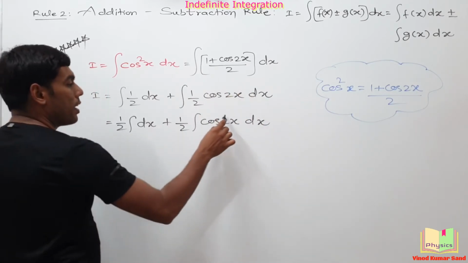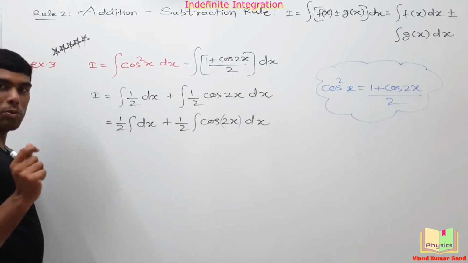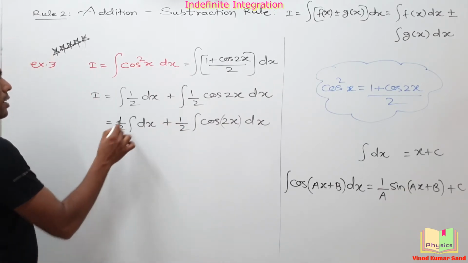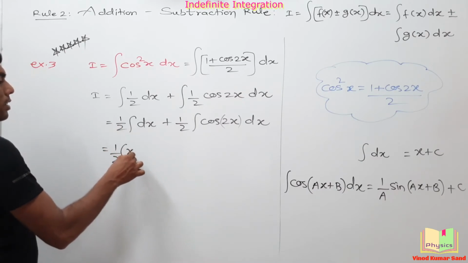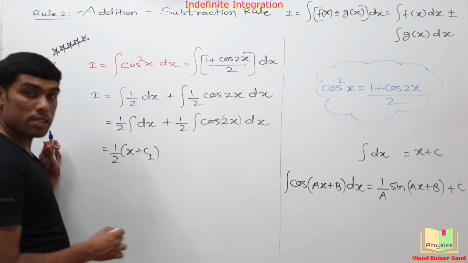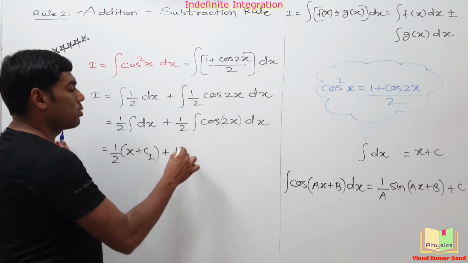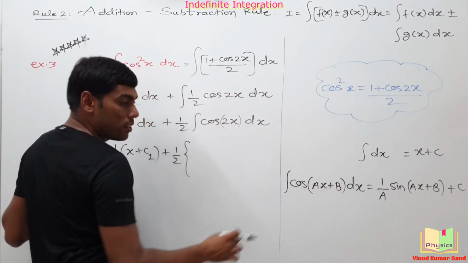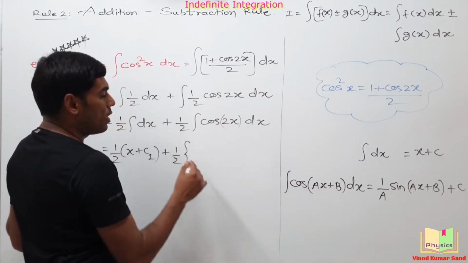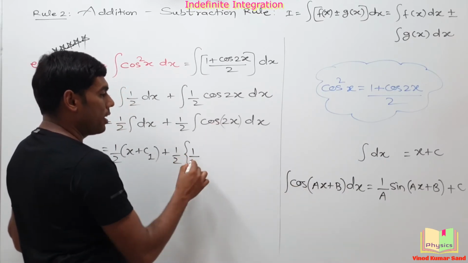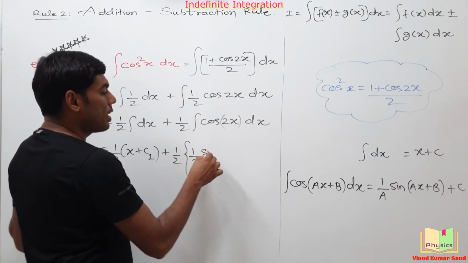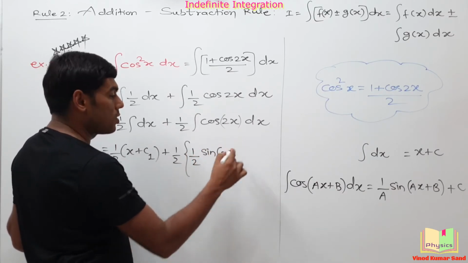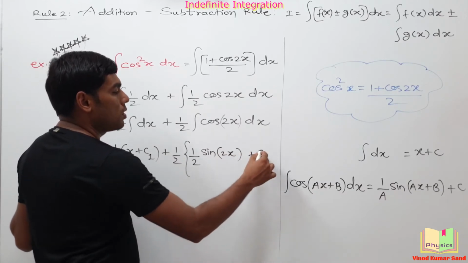Okay, now you remember all the formulas. So utilizing the formulas here, this will be x plus some constant c1, this 1 by 2 outside, and this integration you can compare with this formula here. So the answer should be 1 by a, a is 2, sine of (ax plus b). The b part is 0 plus some constant c2.